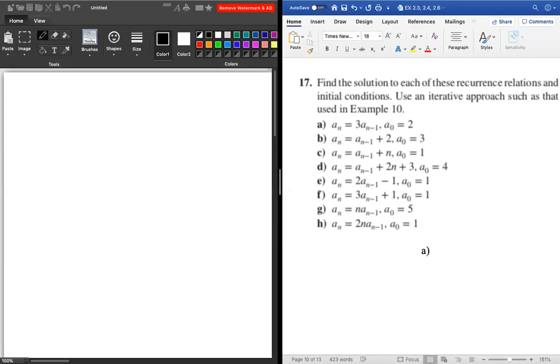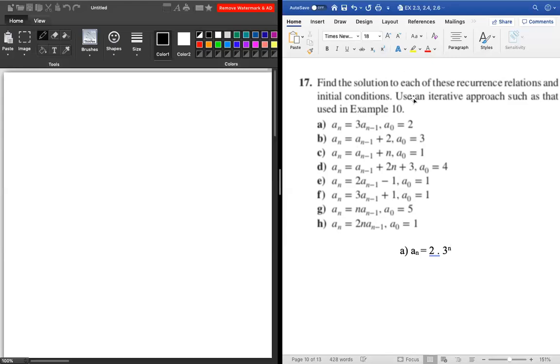Here, a_n equals 3a_{n-1}. Plugging in the values from the previous ones, we will get the value for the iterative solution as a_n equals 2 times 3 to the power of n.